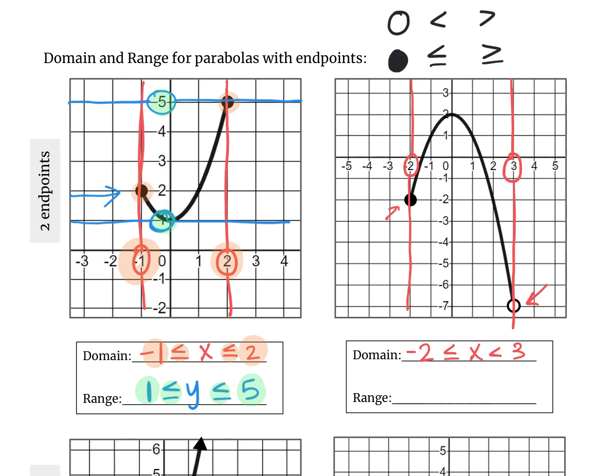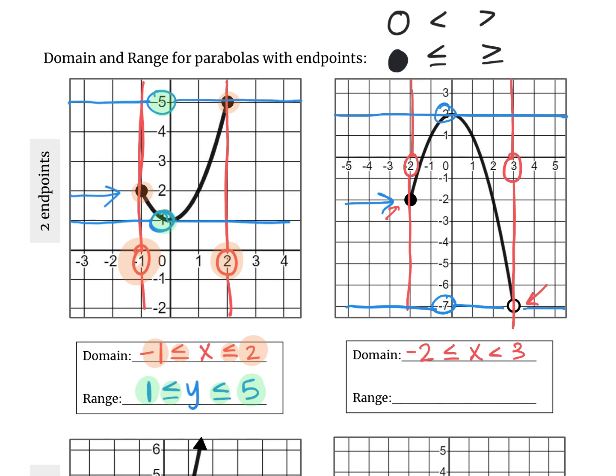All right, so then let's look at the range. I look at the bottom to top, okay? In this case, the bottom is down here at one of these endpoints where y is -7. And the highest it goes is not here at the next endpoint. It's actually at the vertex, right there.